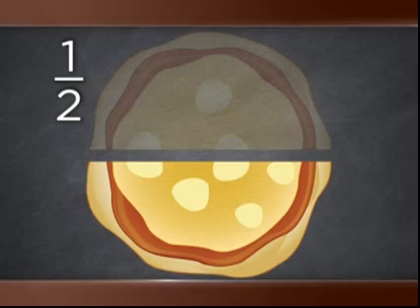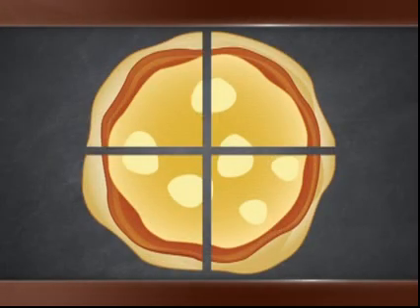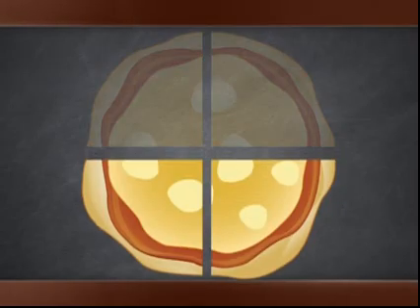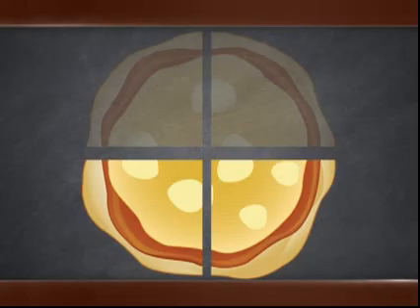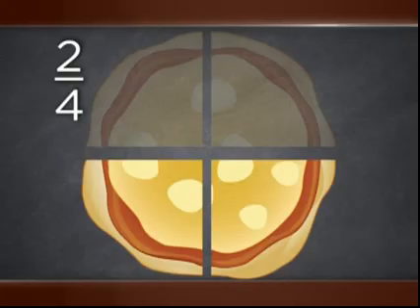Okay, the next day you start from scratch and you make another pizza, a new pizza. This time you're a little less lazy, and so you cut this pizza into 4 equally sized slices. You then take 2 of these 4 slices and put them on your plate so that you have 2 out of the 4 slices of the pizza, or 2/4 of the pizza if we think of it as a fraction.